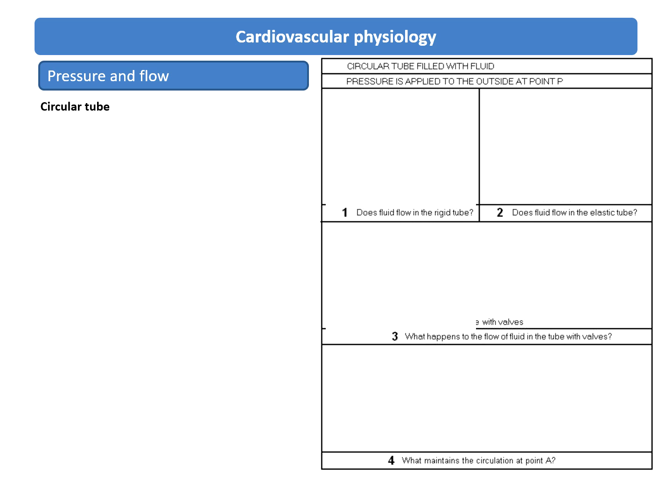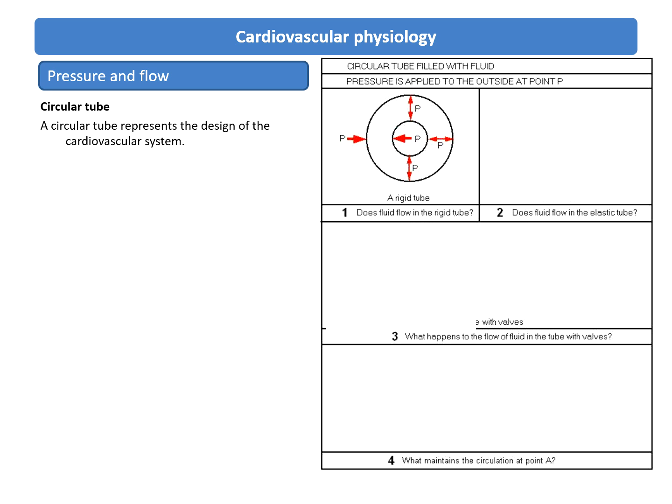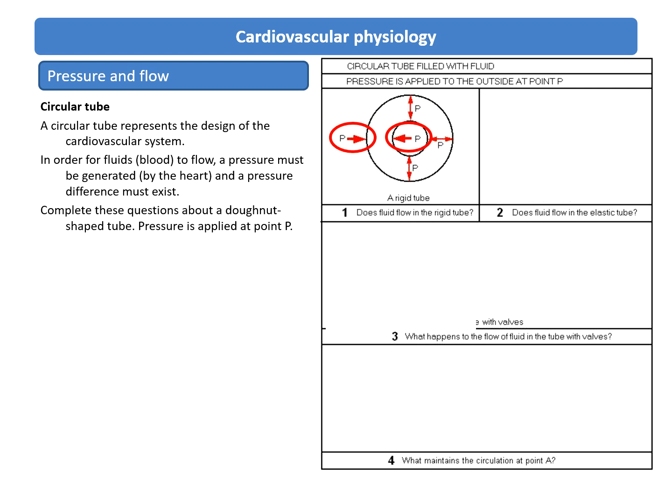Let's look at the system in a little more detail. We'll look at a circular tube. The circular tube represents the design of the cardiovascular system. In order for fluids, that is blood, to flow, a pressure must be generated. That's what the heart does. And a pressure difference must exist. Here are some questions about the donut arrangement.